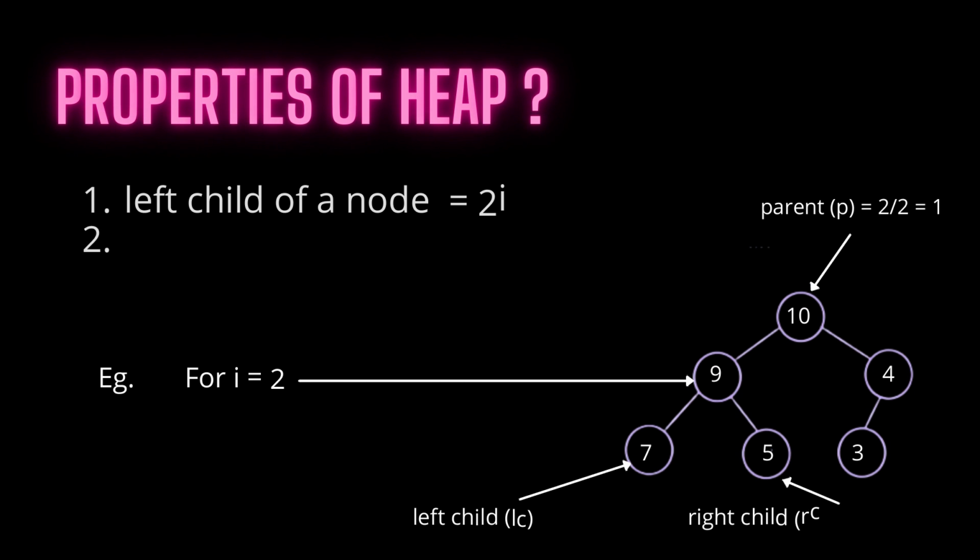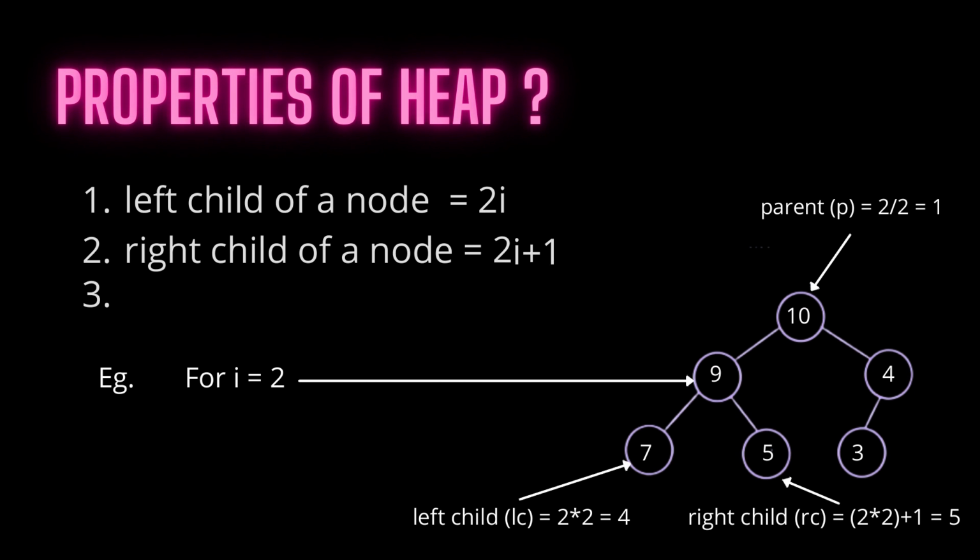Now let's start with the properties of heap. There are mainly three properties of heap, but we'll take one example to understand it. We have taken i equal to 2. That means the node at the second index, that is 9. To find the left child of that particular node, we multiply the index by 2, that is 2i.